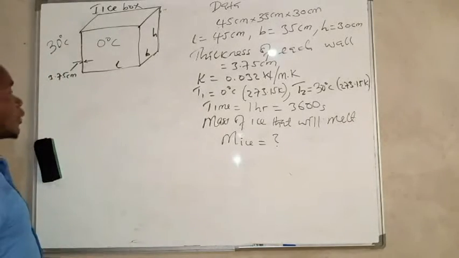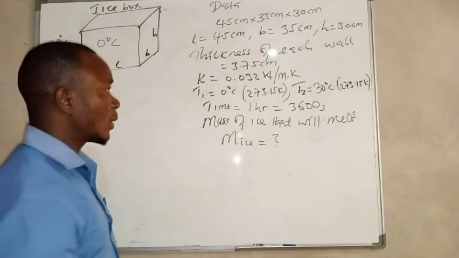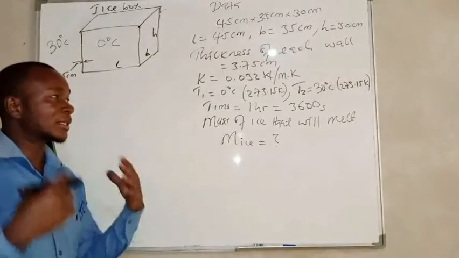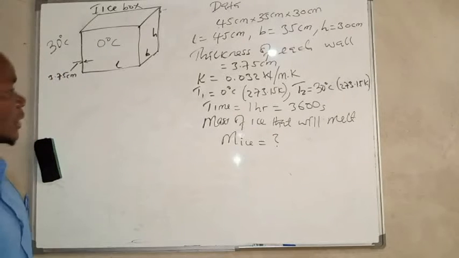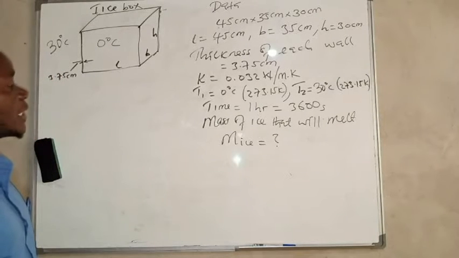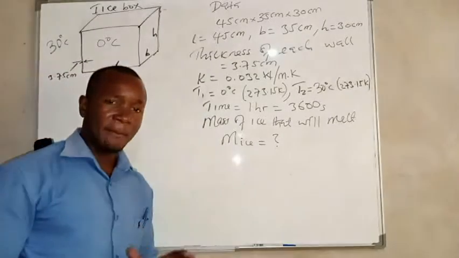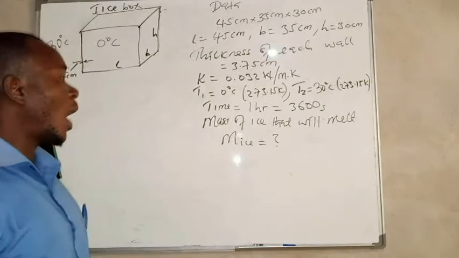The time is 1 hour, which converted to SI units is 3,600 seconds. This information is necessary to help us find the mass of ice that will melt in 1 hour.